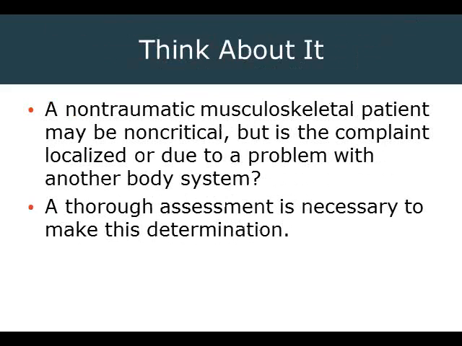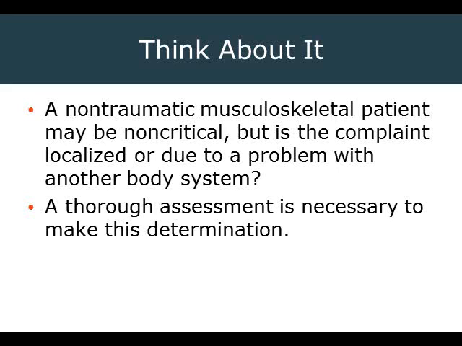All right, so a non-traumatic musculoskeletal patient may be non-critical, but the complaint is localized or due to a problem with another body system. And then thorough assessment is necessary to make this determination. Is this truly a local thing, or is this a widespread thing?